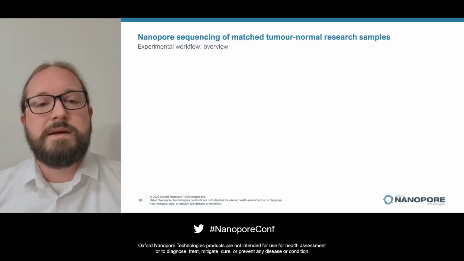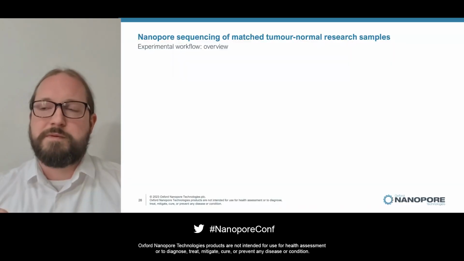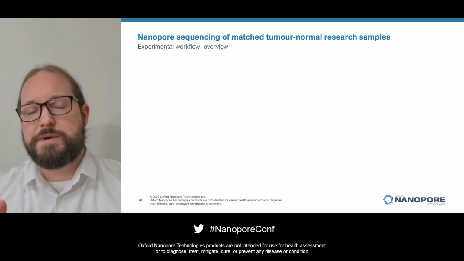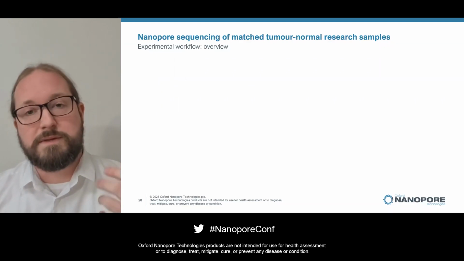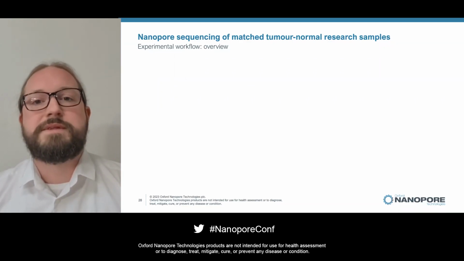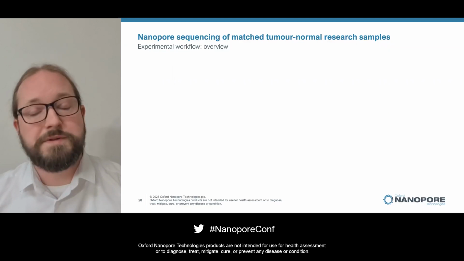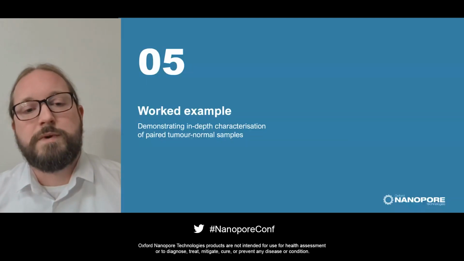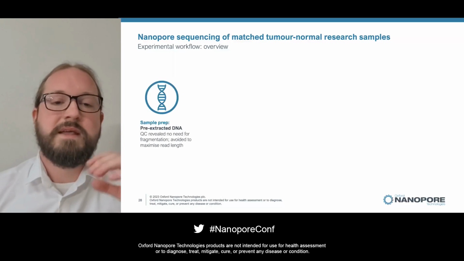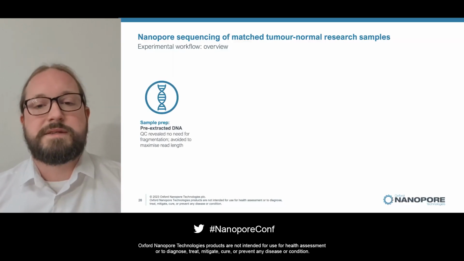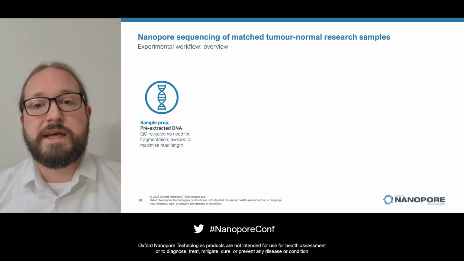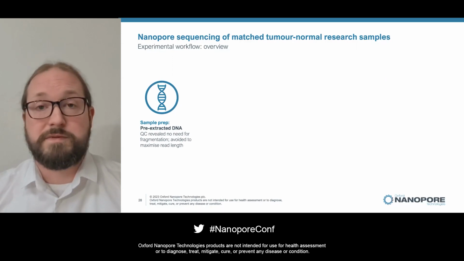So again, let's begin with the question of what are the answers that we want to get out, and how does that influence our considerations for the experiment. One thing I need to mention here is that we did not have direct access to clinical research samples for tumour-normal.